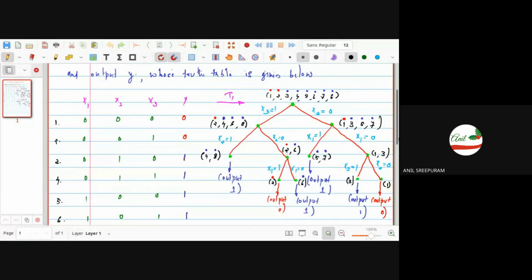Out of the 8 samples, x3 equal to 1 is for 4 samples, that is 2, 4, 6, and 8. That is shown in the left node of the root, the left child of the root. And the remaining 4, 1, 3, 5, and 7, are in the right. They are actually having x3 equal to 0.